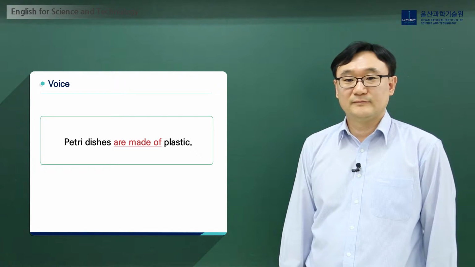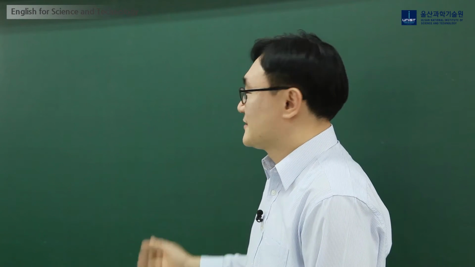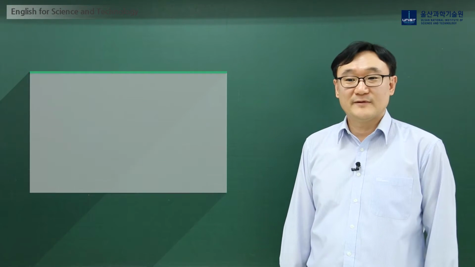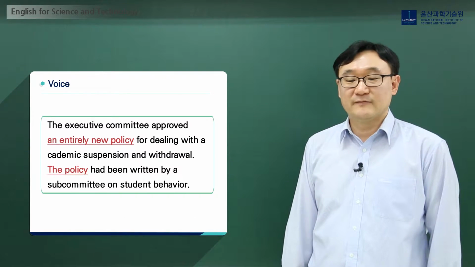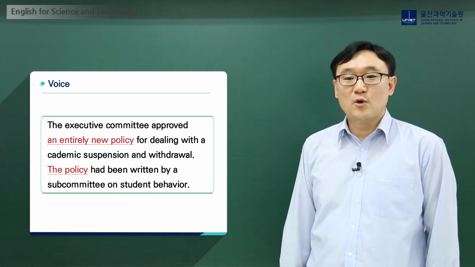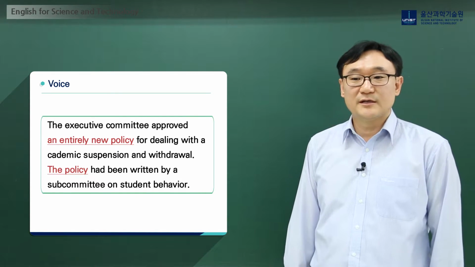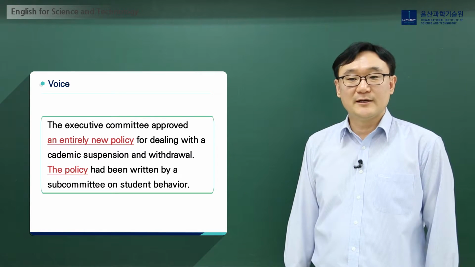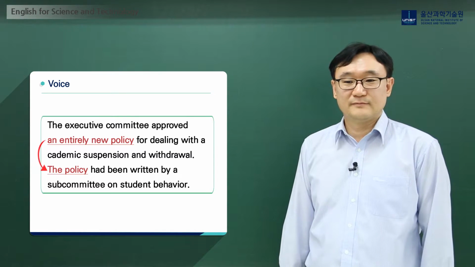Take a look at these sentences. If we wish to move emphasis from the object in the first sentence to what becomes the subject in the following sentence, the second sentence should be in passive voice.